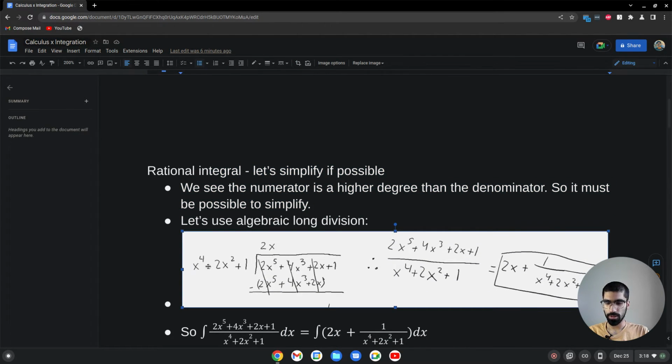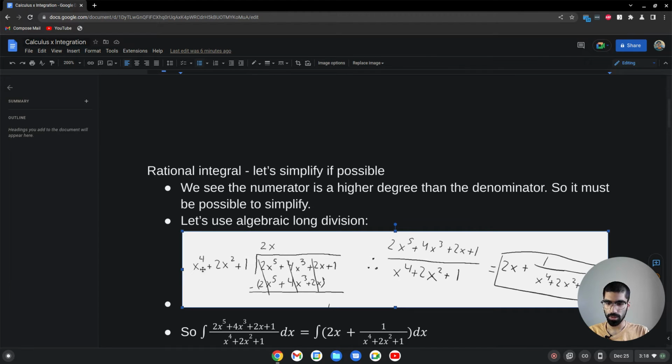I divide by the polynomial over here. Here's the polynomial being divided over here. I wanted to get x to the 4 to multiply by something so that I would get 2x to the 5. So I multiplied by 2x, because 2x times x to the 4 is 2x to the 5 down here.